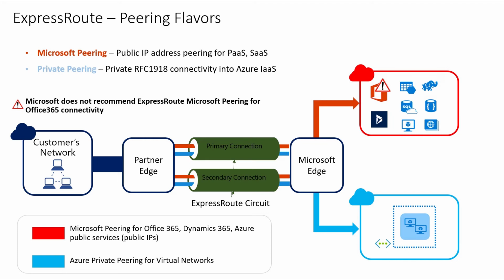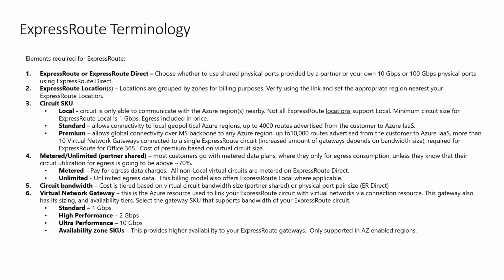Whereas private peering connects a private RFC 1918 IP address space to an Azure Virtual Network, where you have services like Azure IaaS or PaaS services like storage accounts, PostgreSQL and whatnot. From the options perspective, if you want your own 10 Gbps or 100 Gbps physical port, consider ER Direct, if you want such massive connectivity.